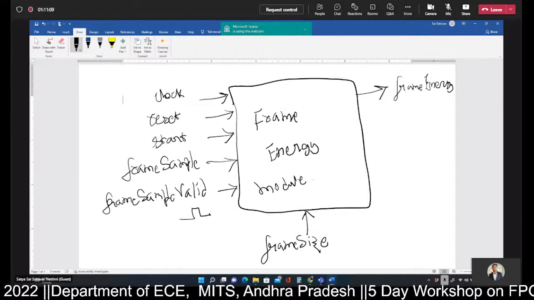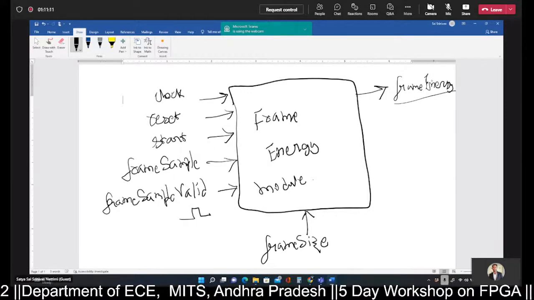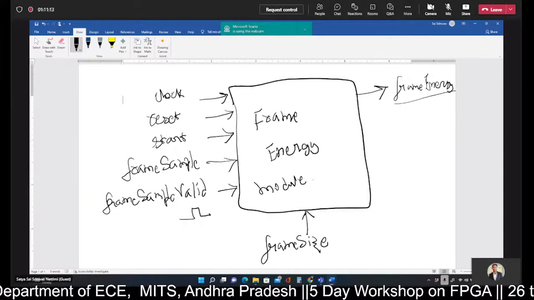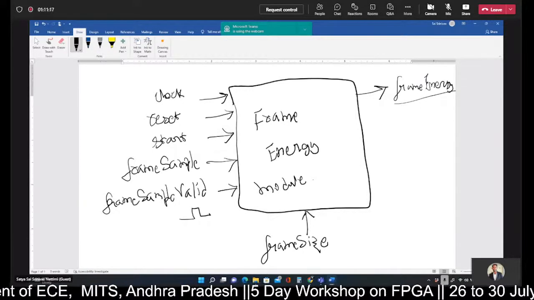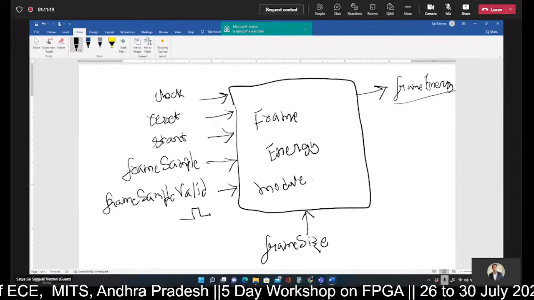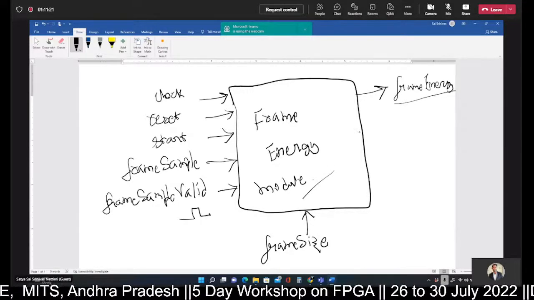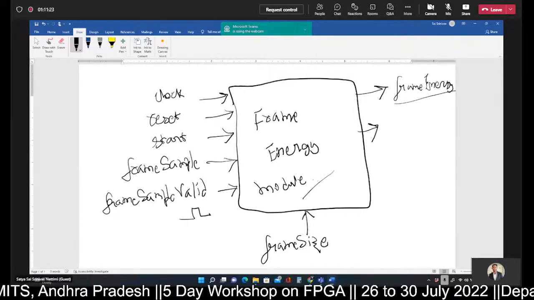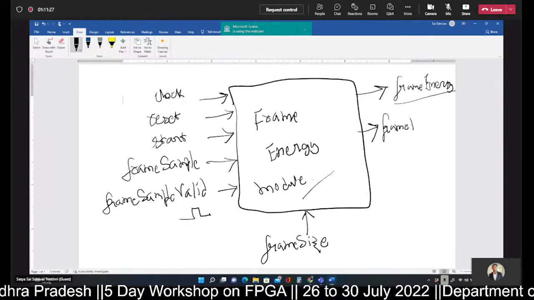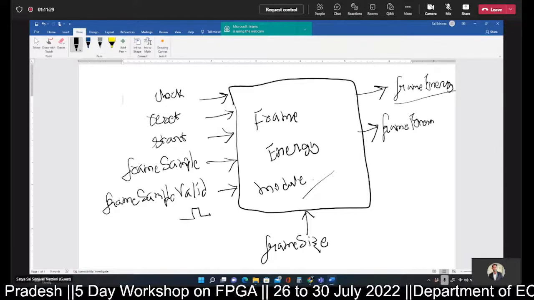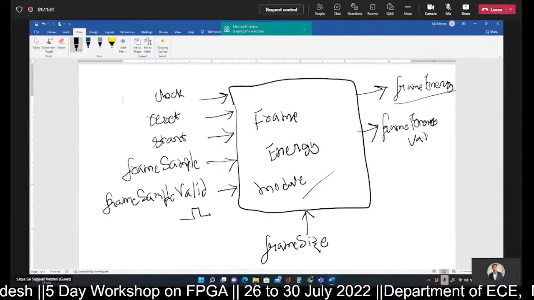And how will we know whether the data coming on this frame energy output is a valid frame energy value computed by our frame energy module? For that, we will use one additional output called the frame energy valid signal.